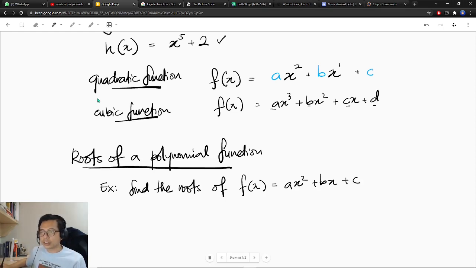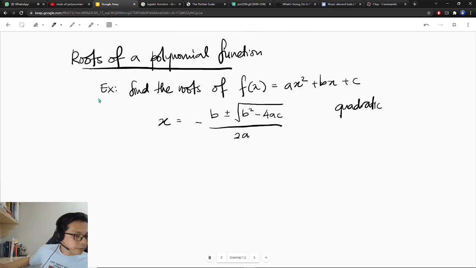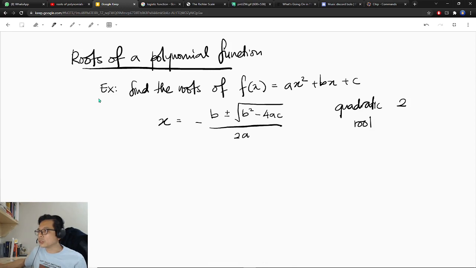The roots can be represented as x equals minus b plus or minus the square root of b squared minus 4ac, all over 2a. The highest degree of a quadratic function is 2, so you're going to get two roots.